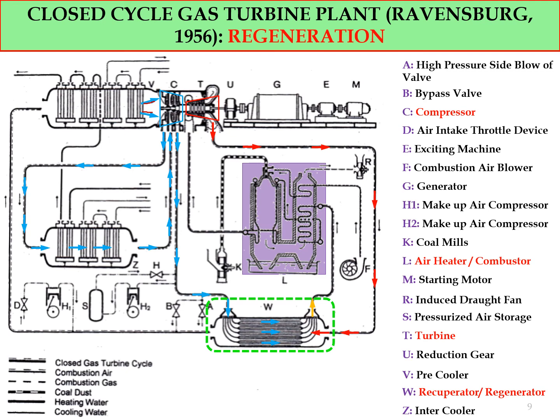In the preheating section, the air is being heated up by the exhaust air of the turbine, as you can see the red arrow there, and we are heating the air from the compressor.